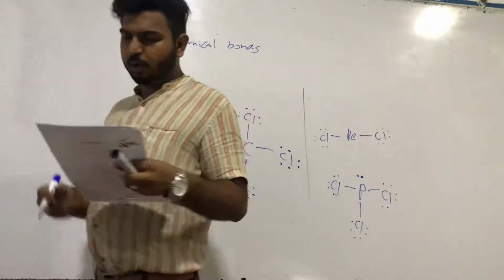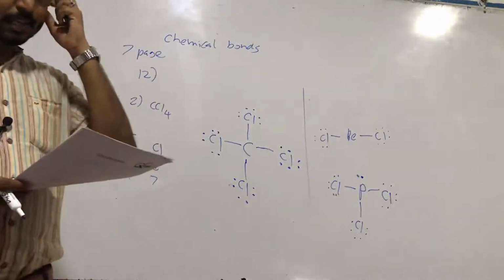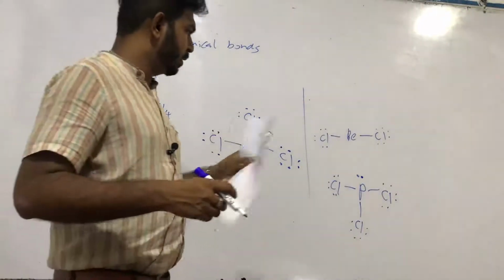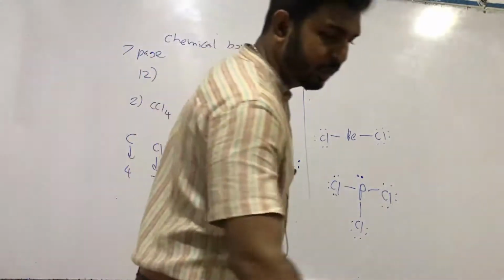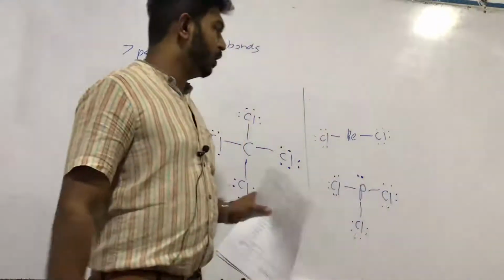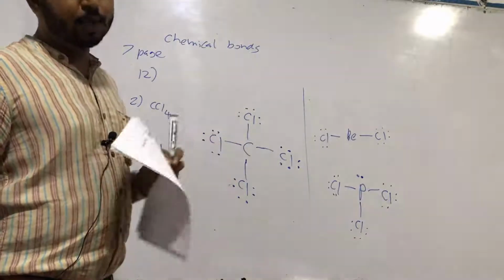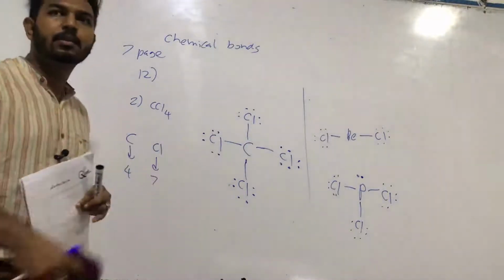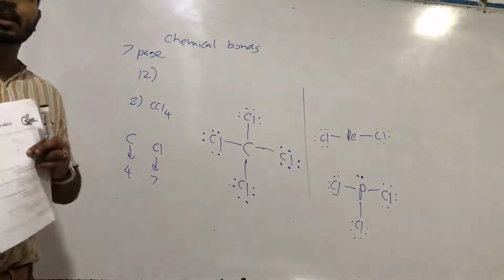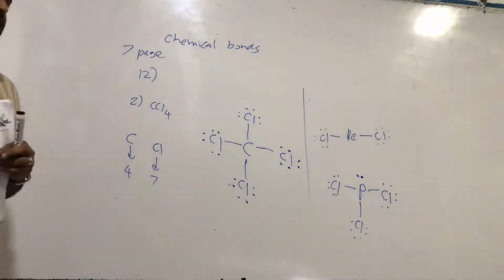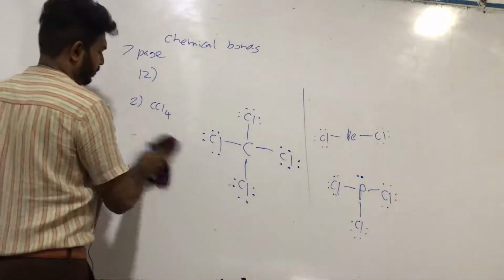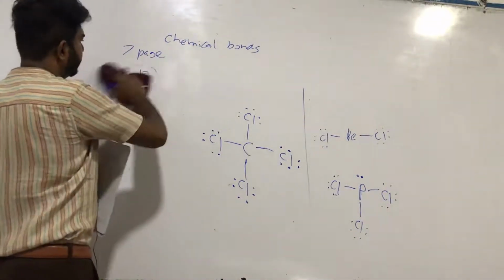Then let's try to draw SF6. You have to complete this one. Pute, these are very simple forms of molecules. We will get very advanced and complex molecules in advanced-level question papers.